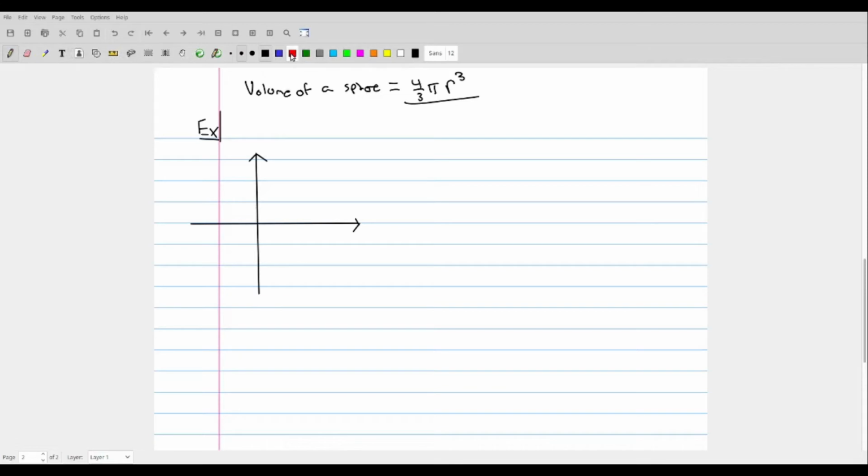So a sphere can be thought of as the surface of revolution generated by the top half of a circle.